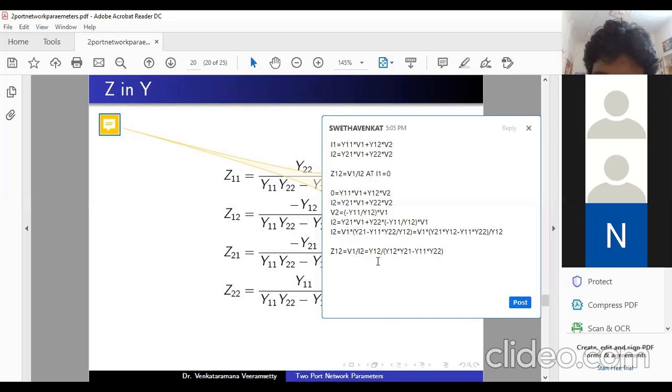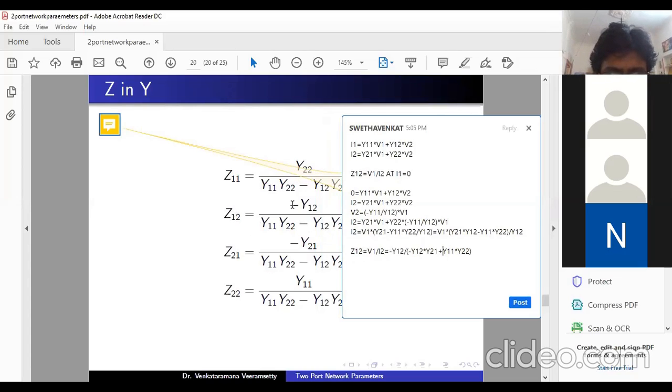Okay, Nama? Now for this expression, if you multiply numerator and also denominator with the negative sign, then what happened? Here we have the minus Y12 and here we have the minus, and it will become plus, right? So see the expression now.